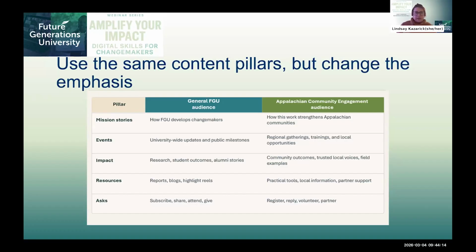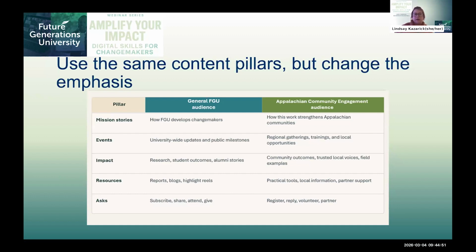One of the ways that we do this is Deborah sends out an email every single month at the start of the month talking about what we have going on university-wide. Then for Appalachia, I talk about regional gatherings, trainings, local opportunities that are just absolutely not relevant to the university-wide audience. That was a great example of how we do those two differently.